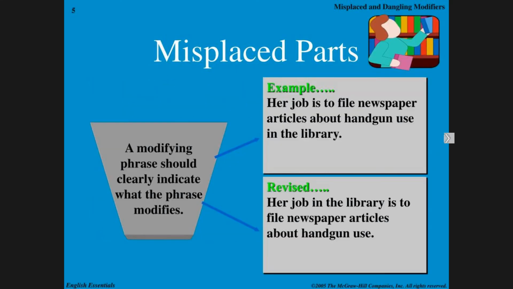So as you see over here, another example about misplaced modifiers. Her job is to find newspaper articles about handgun use in the library. So it should be her job in the library is to. So over here, a modifying phrase should clearly indicate what the phrase modifies.